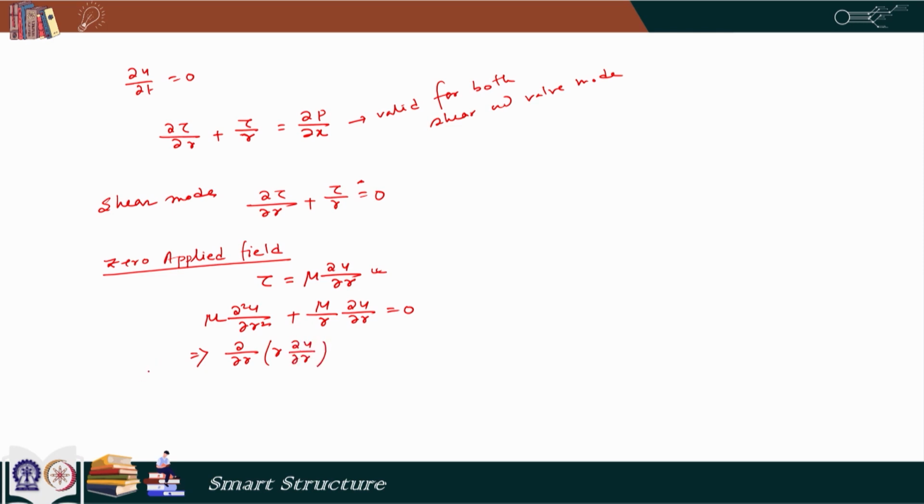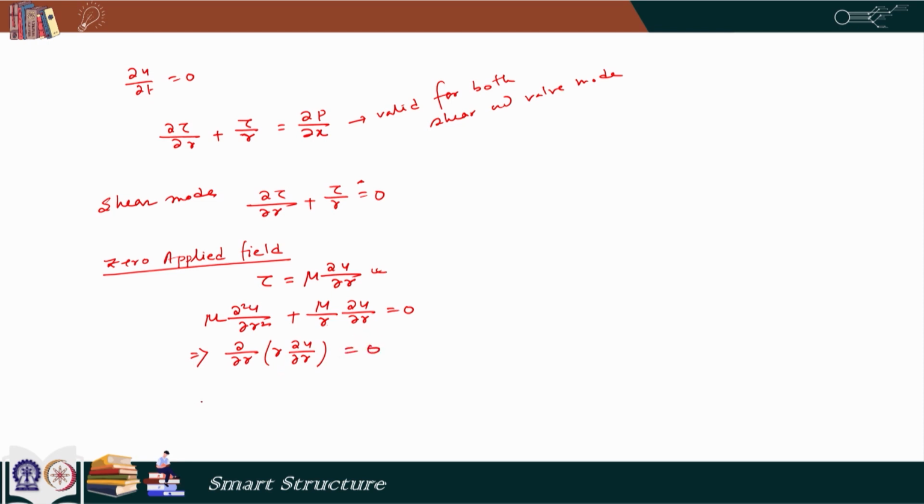Because if I take mu out, then del 2 u by del r2 plus 1 by r into del u by del r is the derivative of r into del u by del r with respect to r. If I put this r here, it becomes r into del 2 u by del r2 plus del u by del r, and that is equal to the derivative of r into del u by del r with respect to r.